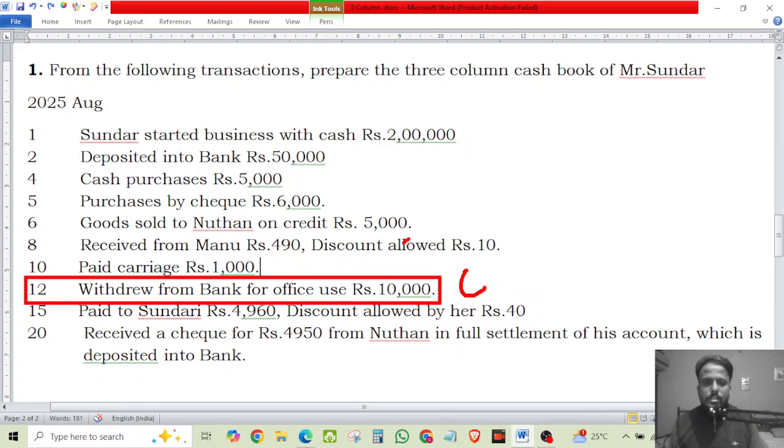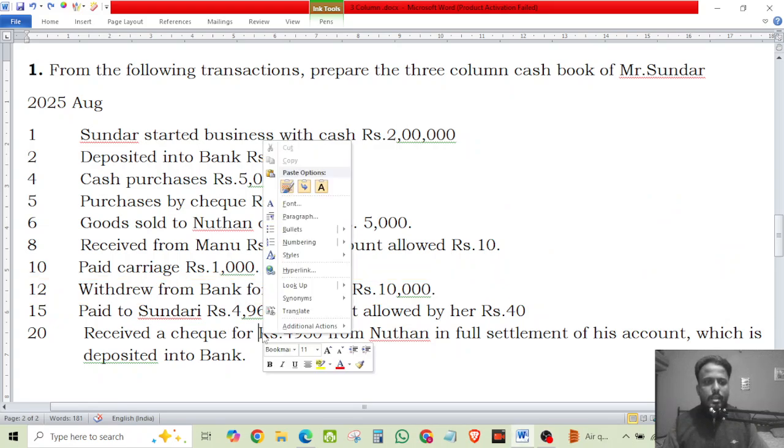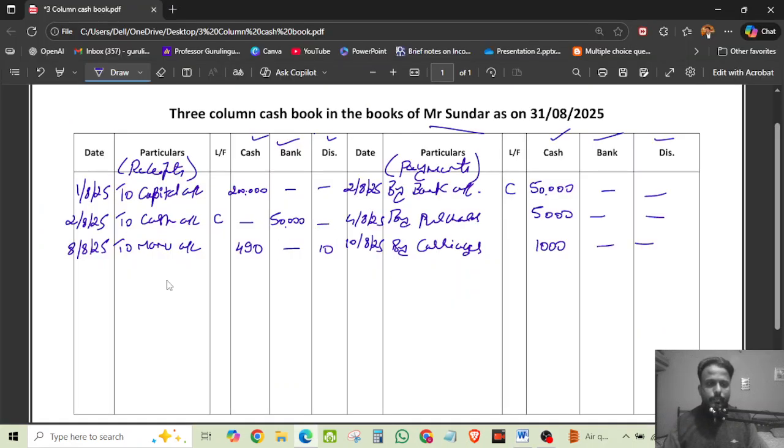You have to write a journal. If you want to understand through journal entry also, it is fine. That is when you withdraw cash from bank, cash will come inside, that is cash account debtor to bank account. So this way also you can understand, but here cash is coming inside the business. So therefore I am writing as to bank in debit side on date 12th.